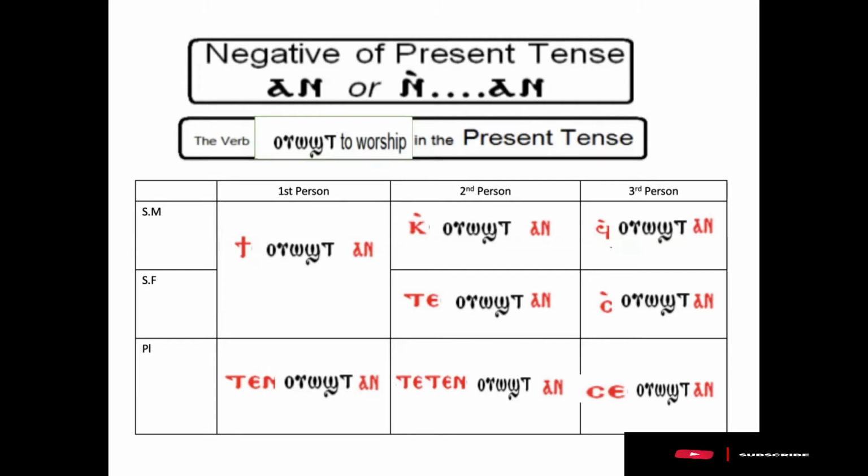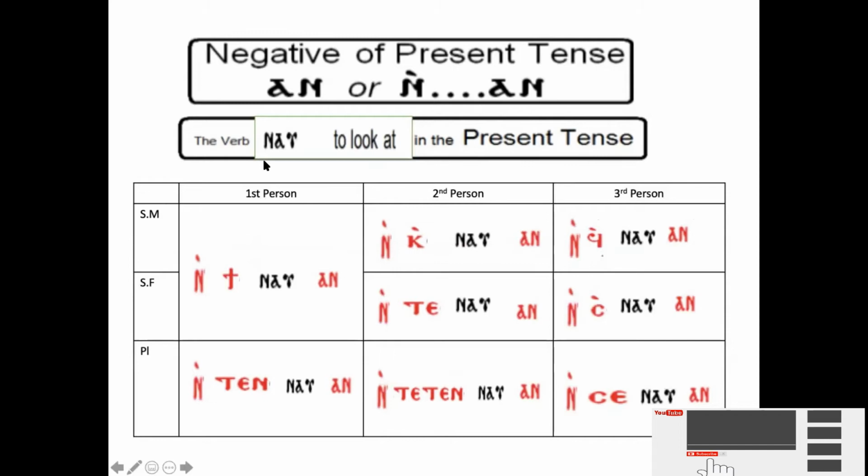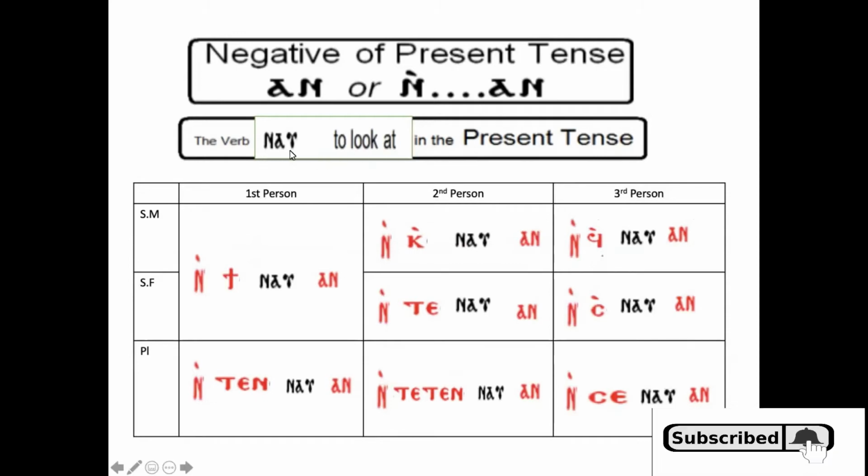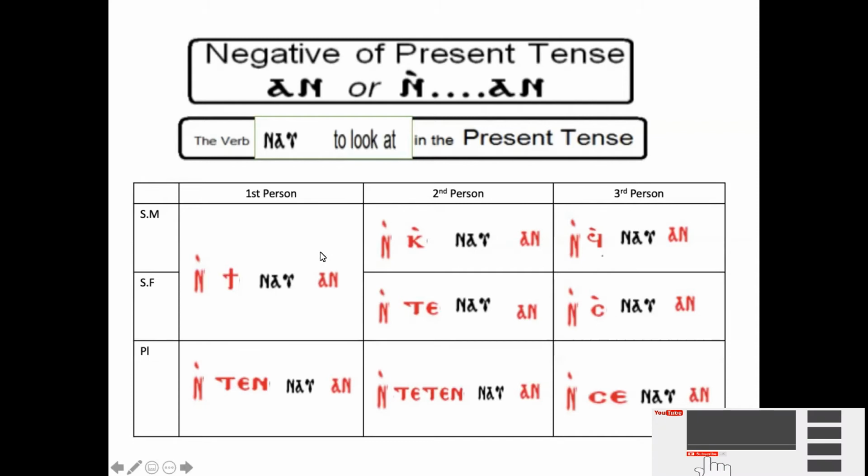Let's see a last example with the other version. An easy verb to look at, nav. If I want to say I do not look at, I say in tinav on.